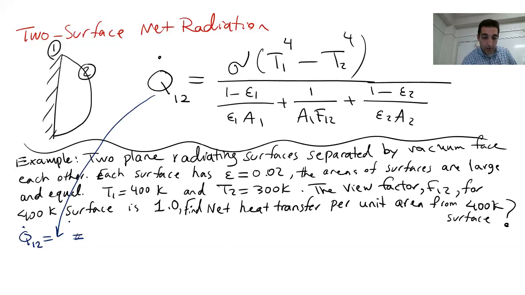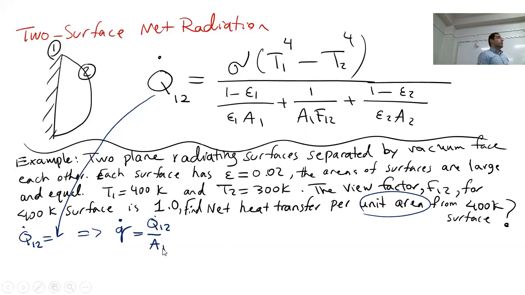Now I'm looking for net heat transfer per unit area, so I'm going to show it with the lowercase q dot, which is Q12 divided by the area of surface 1, because it's 400 Kelvin, so we call it surface 1.